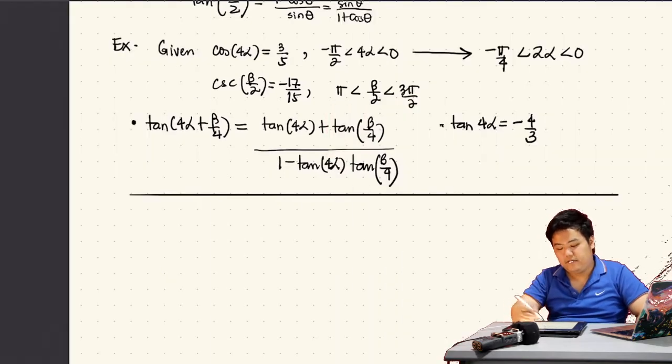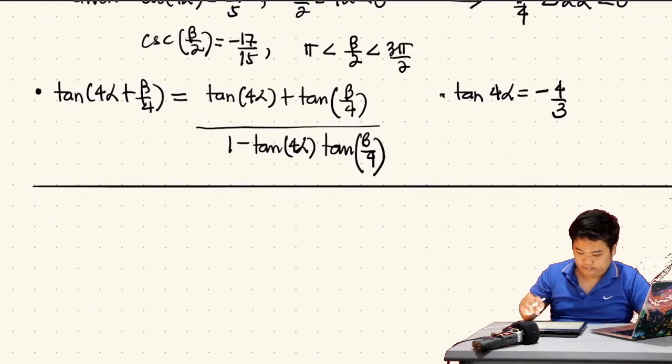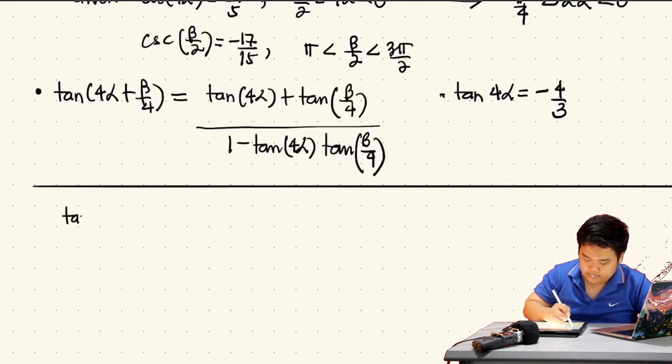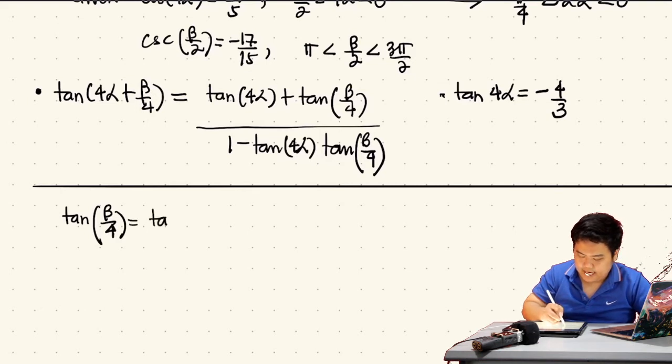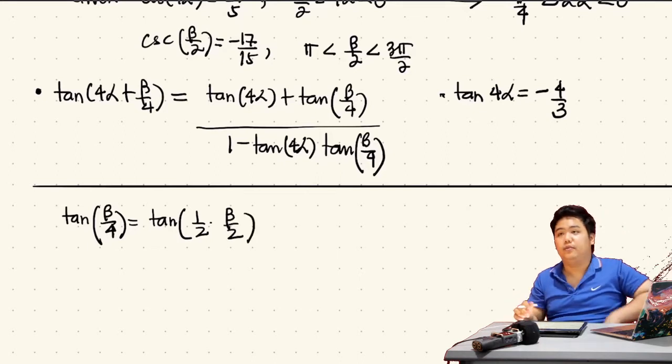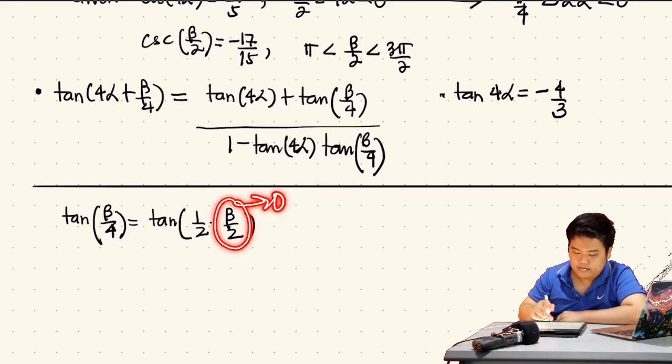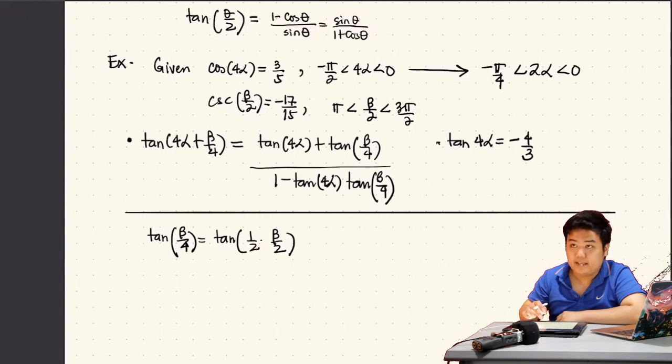But beta over 4 is half of beta over 2. Right? So, tangent beta over 4 is tangent 1/2 of beta over 2. So, ito yung theta natin. This is theta. Pero ano bang sabi ng formula natin?